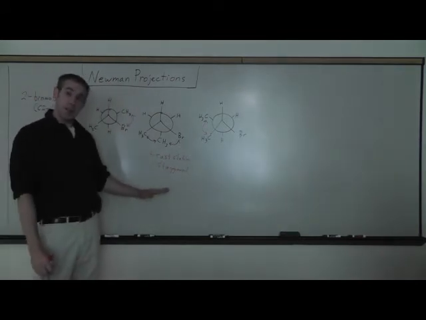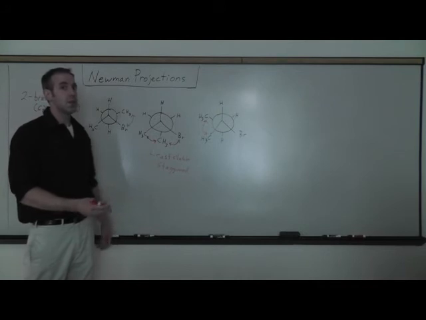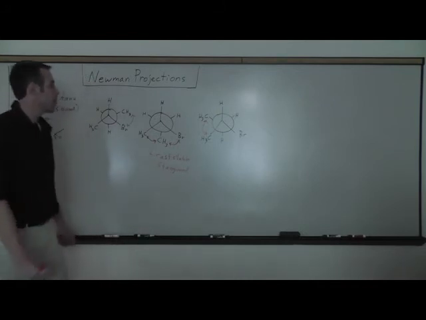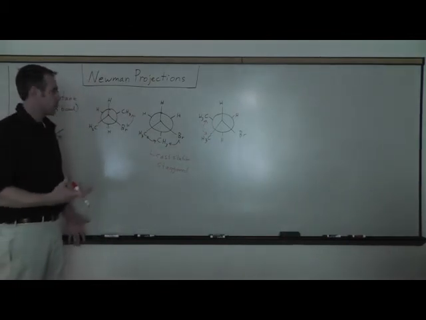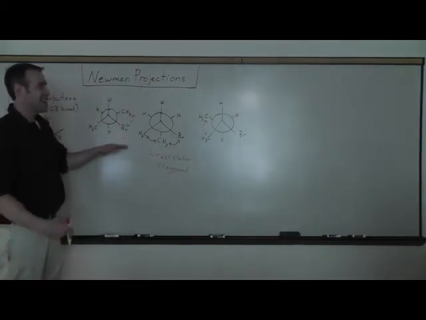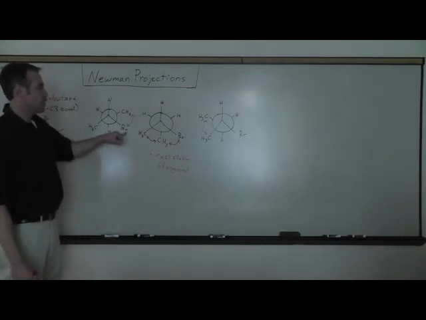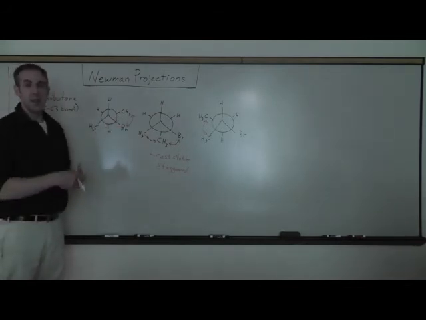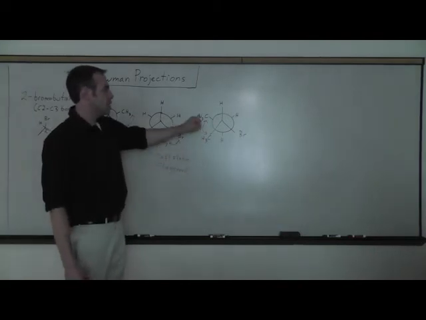And so even though it's the least stable, since it's staggered, it will still be more stable than any eclipsed conformation. But then we want to compare these and think about the size of the groups. If a bromine is not as big as a methyl group, then the gauche interaction between a bromine and a methyl will be less of a problem than the gauche interaction between two methyls.